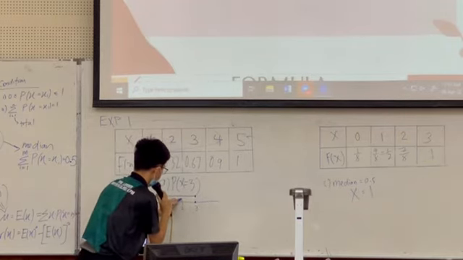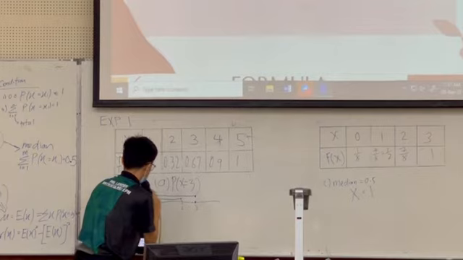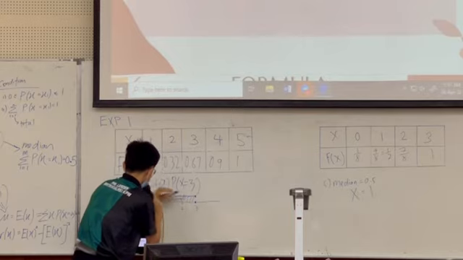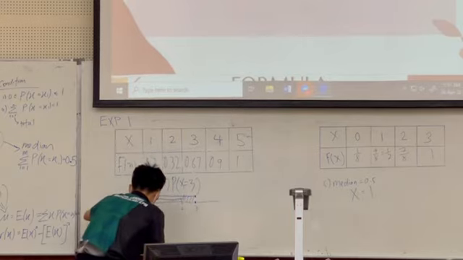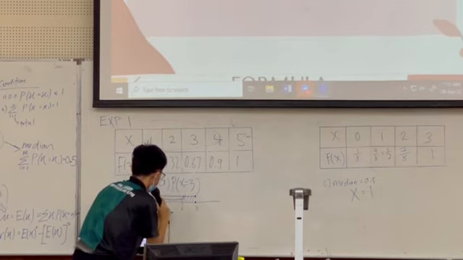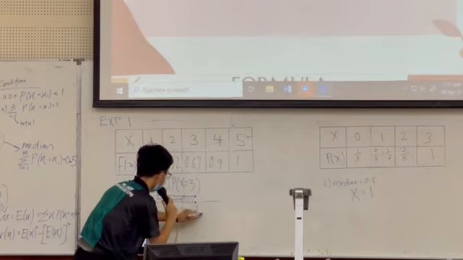So we want to minus this area. If this long line minus this short line, we will get this. So it is F(3) minus F(2).